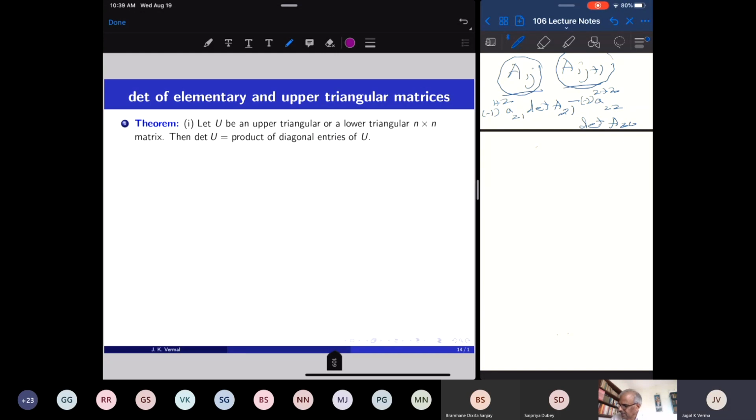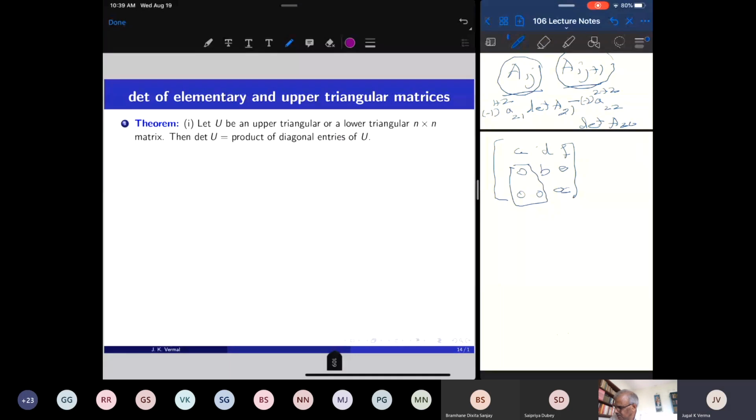So I have an upper triangular matrix. Let's look at this matrix: A, B, C, D, E, F. So these entries are zero. These entries are zero, and I have an upper triangular matrix.